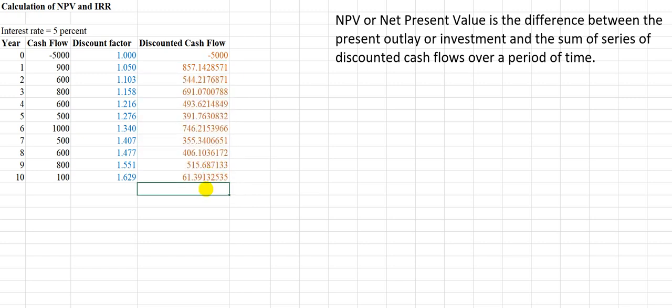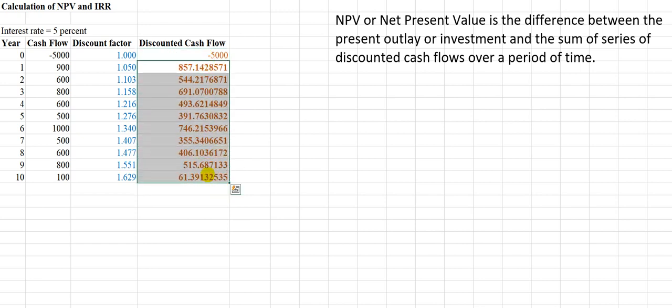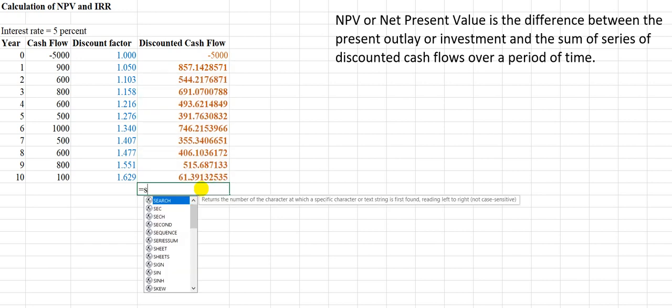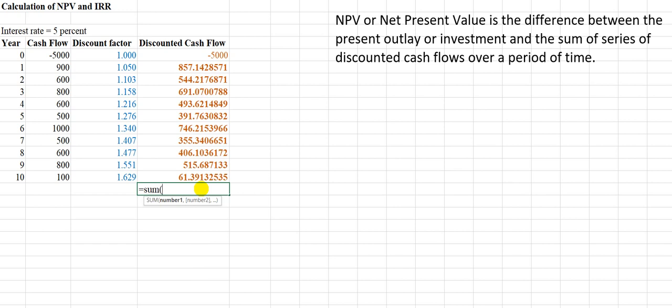And what is NPV? NPV is the difference between the present outlay and the sum of series of discounted cash flows. It means that I will add these values. This is called total present value.